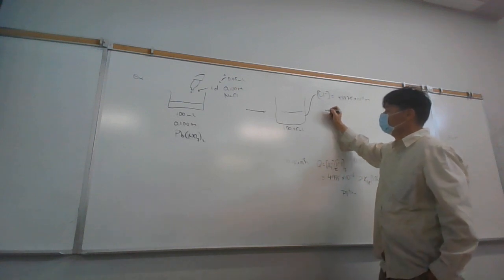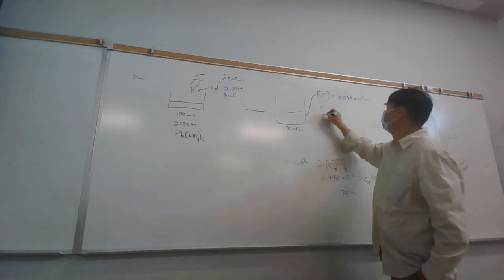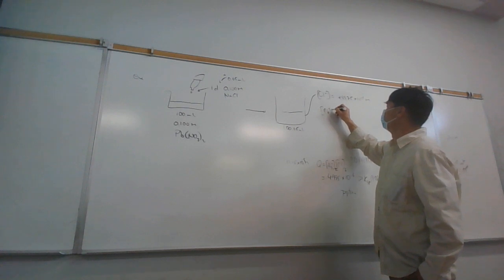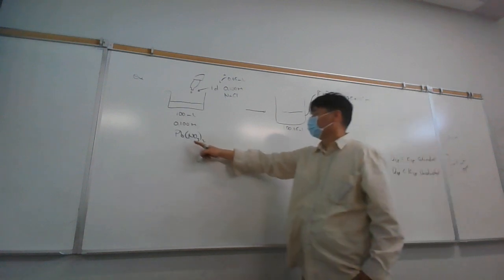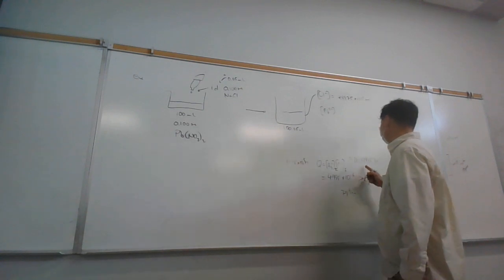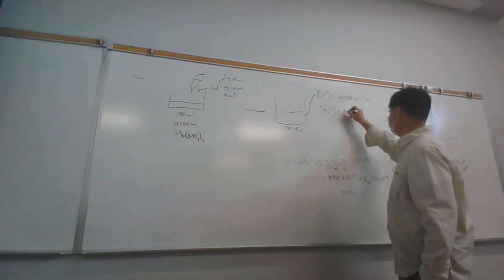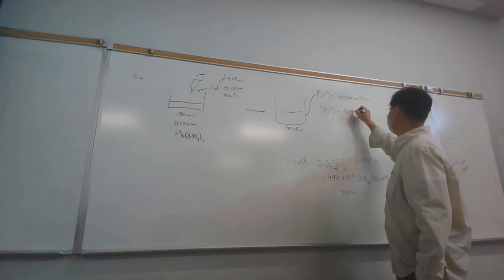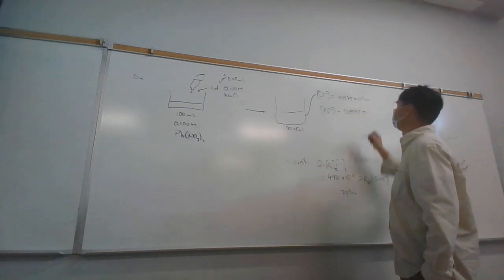And then the lead concentration here will be a 1-to-1, because for every one of these, we're going to get that. And so the lead concentration is going to be the same, 0.09995 molar.